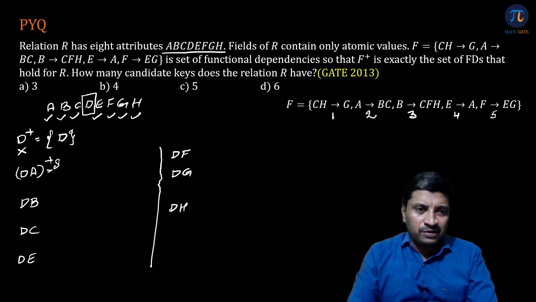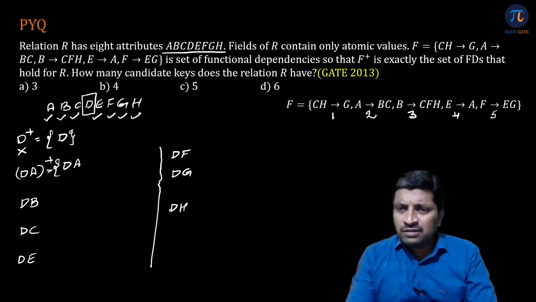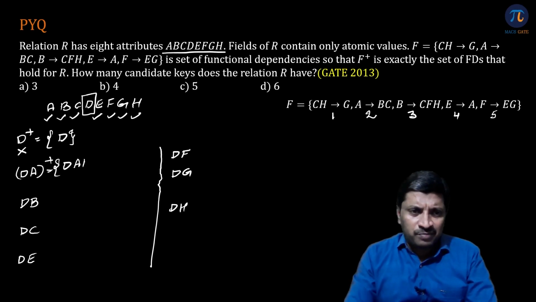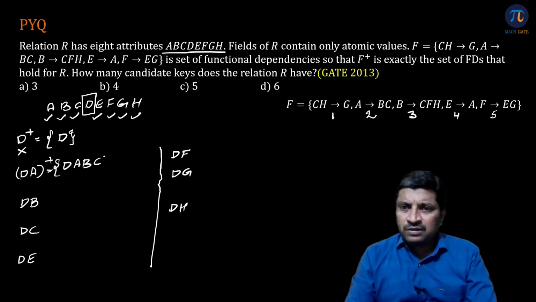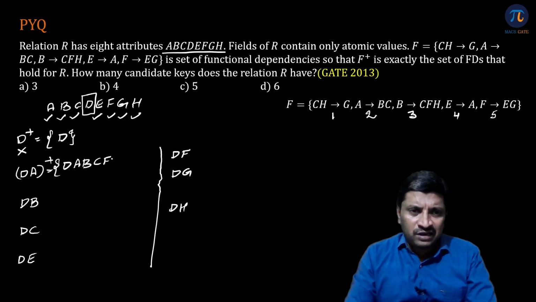Closure of DA: with A I can find BC, then with B we can find C, F, H, then with F we can find E, G. I think we got all the attributes. So this is a candidate key.